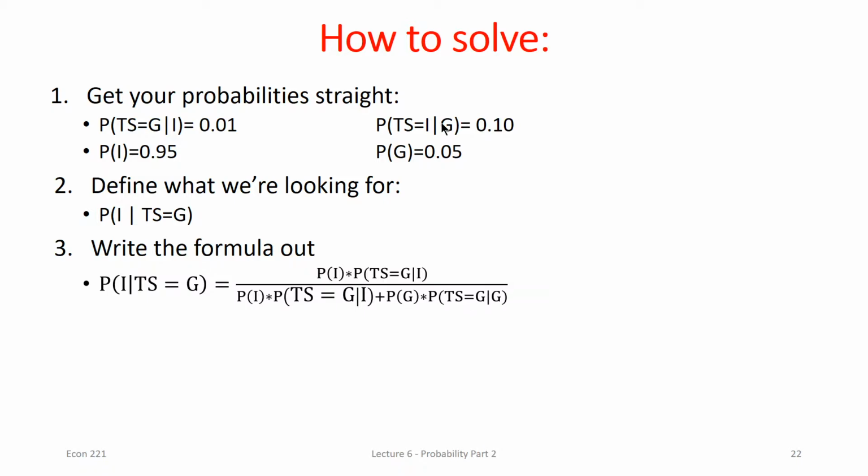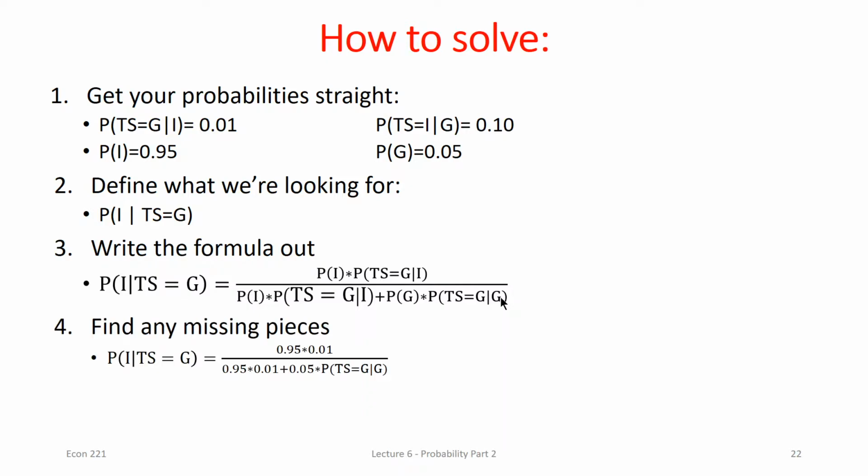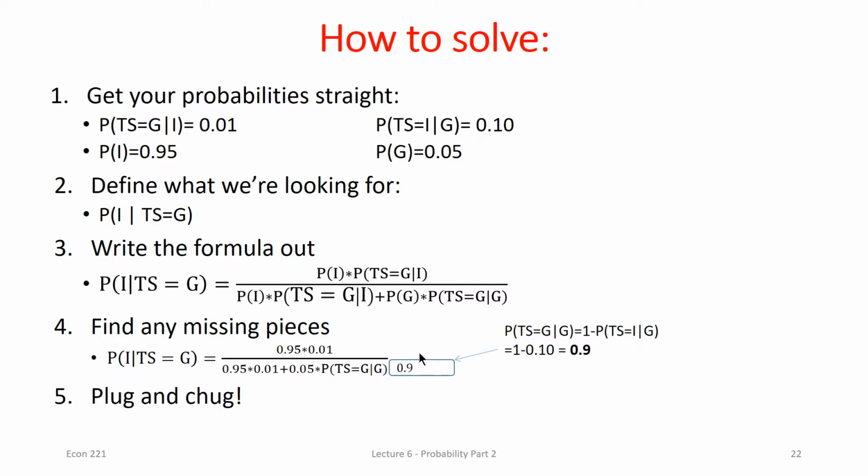That would mean the probability that a guilty person says they're guilty with the truth theorem would be whatever gets us up to 1, or 0.9. That's because when we condition on the same state of nature, the conditional probabilities of the two outcomes of the test have to add up to 1. If we would have had the tree built, we would have seen that as well, and we could have just plugged it in. So very similar to what we did in class, just a little bit different.